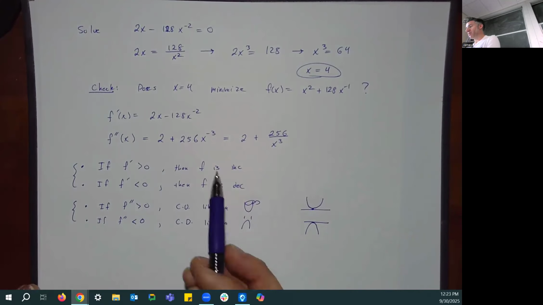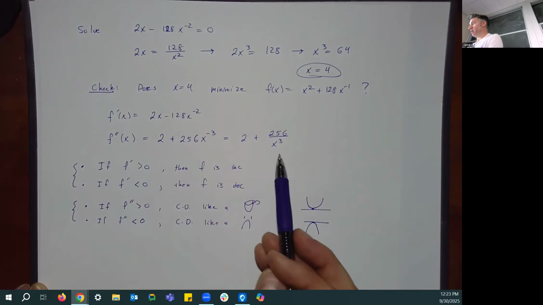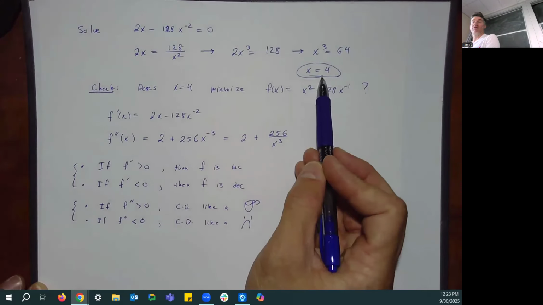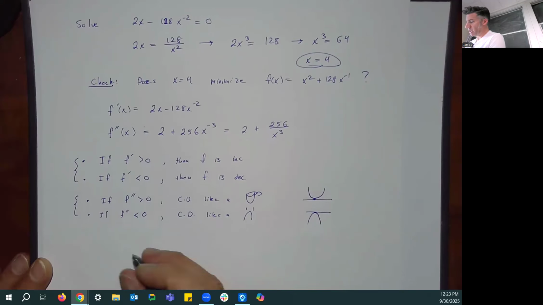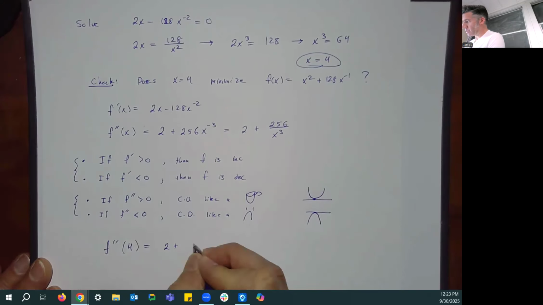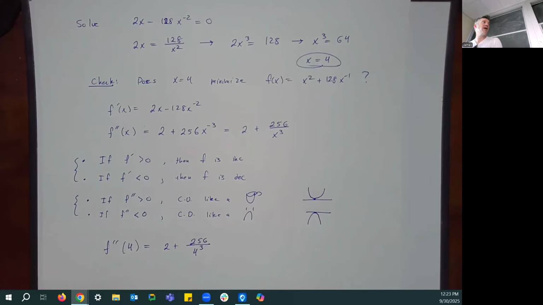So looking back here, if we look at our second derivative and we take our critical point and plug that critical point into the second derivative, we're going to see that f double prime of 4 is equal to 2 plus 256 divided by 4 cubed. I don't care about the value, I just care about the sign.